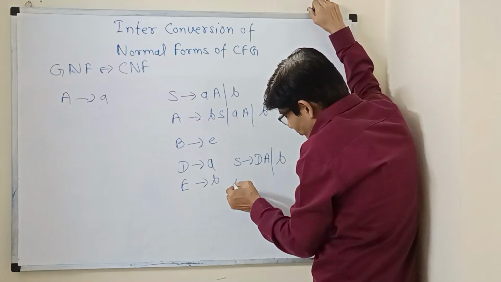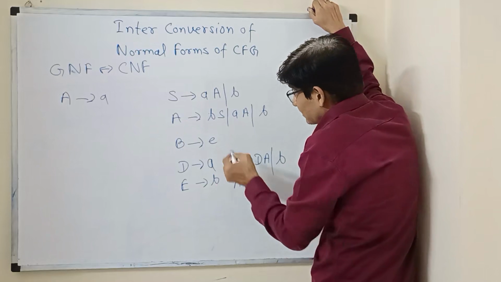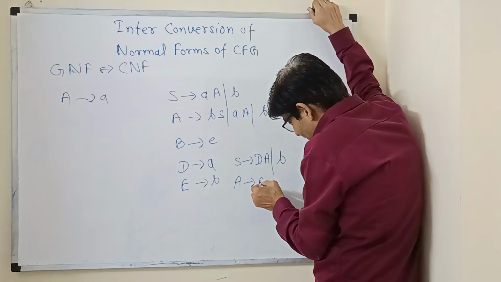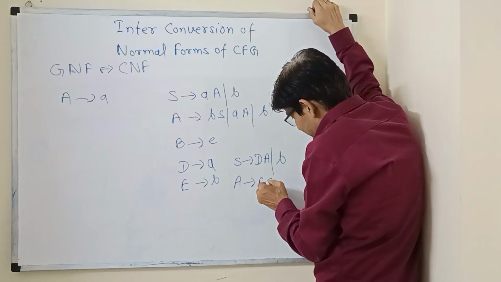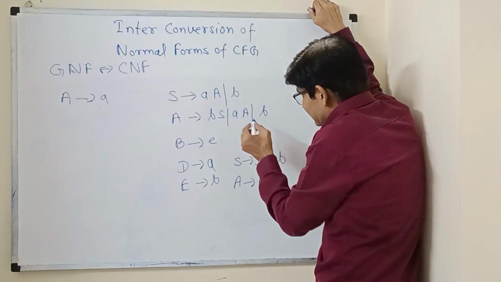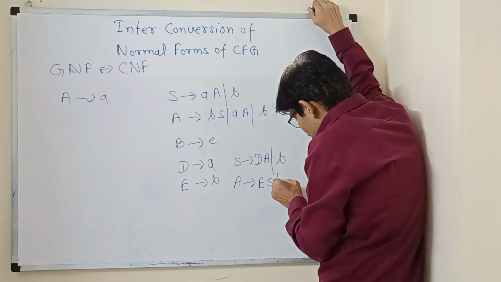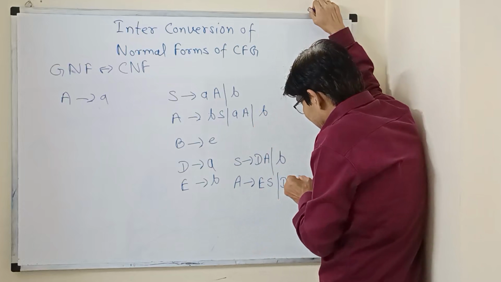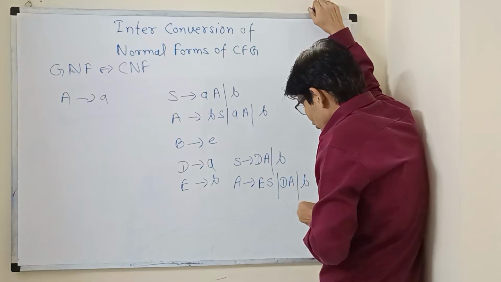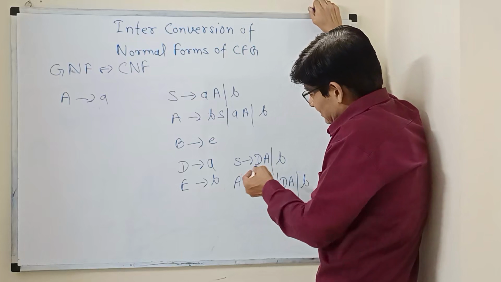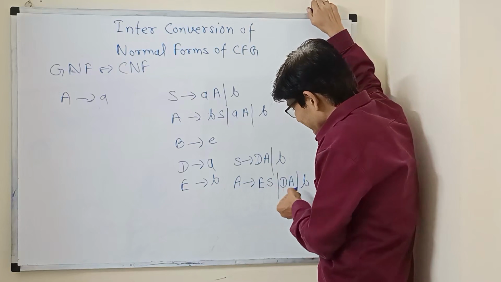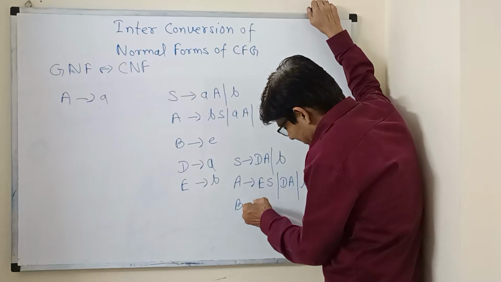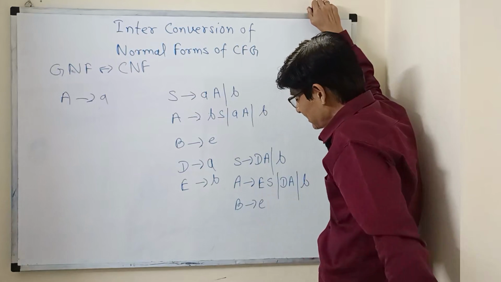Now the production of A. This b I have generated through E, so I can write ES. And this a I have generated through D, so I can write DA. Now this B I can write as it is. So this would be the new version of the productions of A. Now all the productions of B are already in CNF.